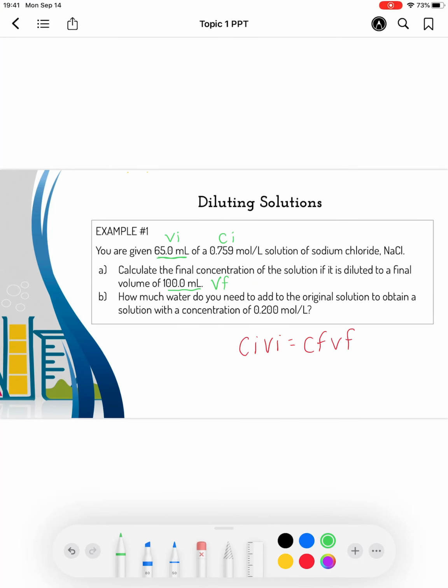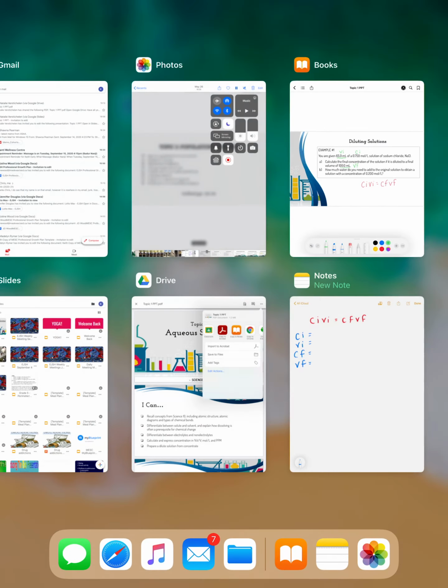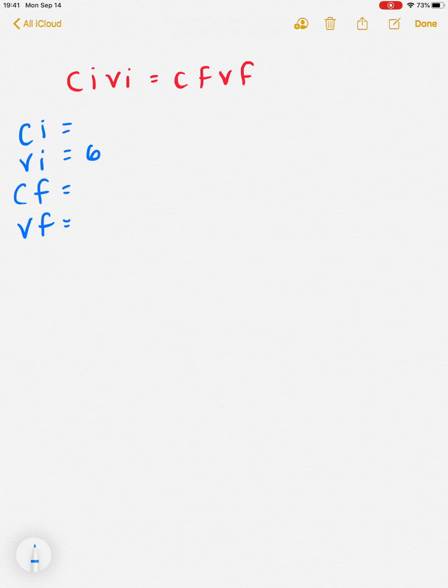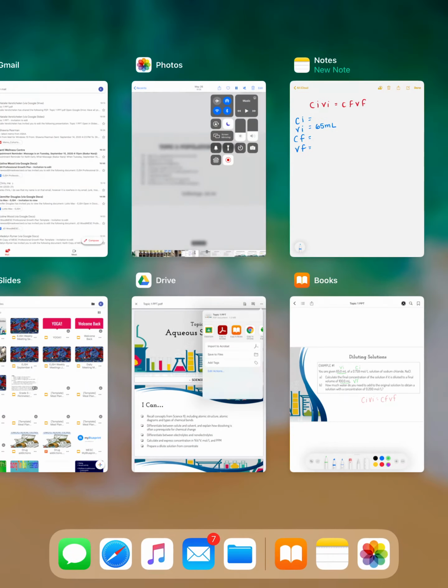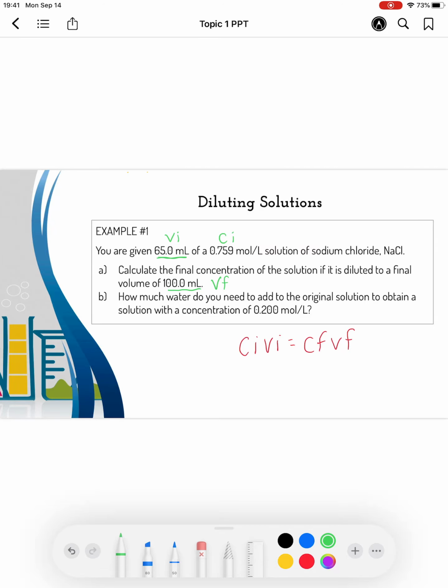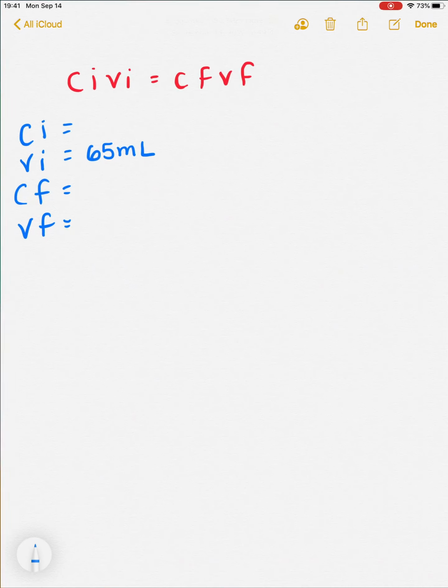So we go back to the question. Our CI and our VI are given to us in the question. Our VI is 65 milliliters, and our CI is 0.759.